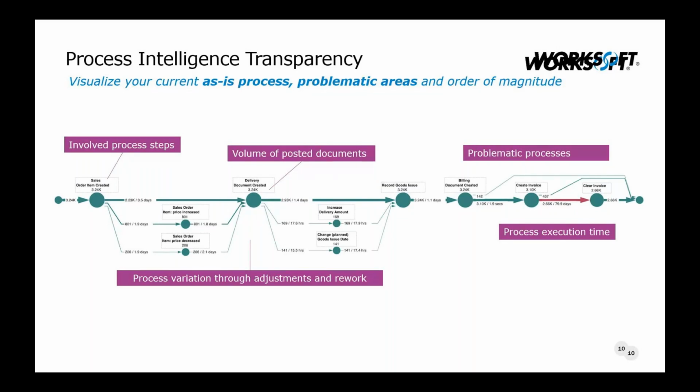At the high level, it might be very easy to just understand the number of steps that are involved in a process and get an idea of its base complexity. Another aspect that's very important, though, is to understand which of our processes undergo a lot of variation. It's very easy to test the happy path.